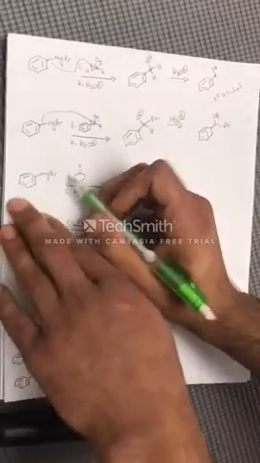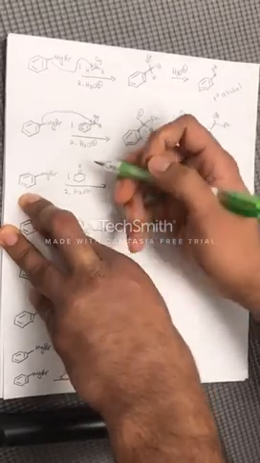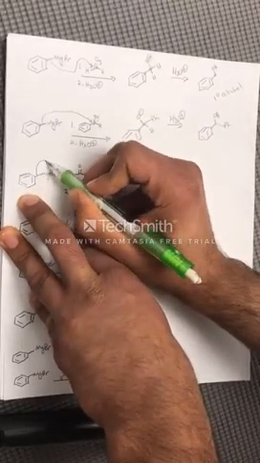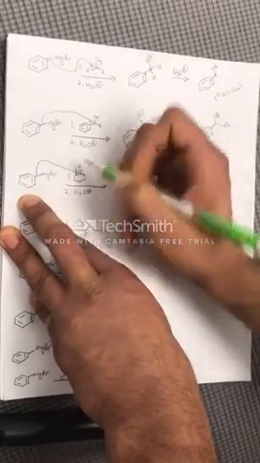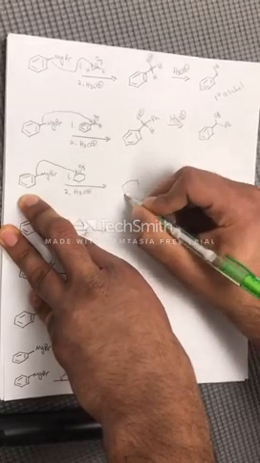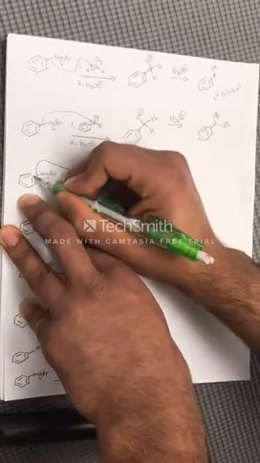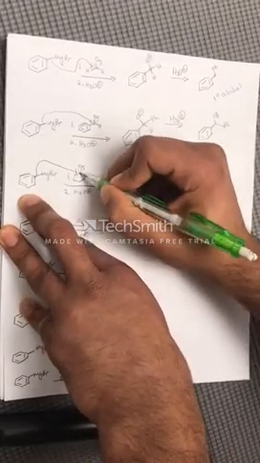Next one, a Grignard reacting with a ketone, in this case cyclohexanone. Same mechanism, electrons come out, attack the carbon of the carbonyl, and you get connectivity between the nucleophilic carbon and the electrophilic carbon.